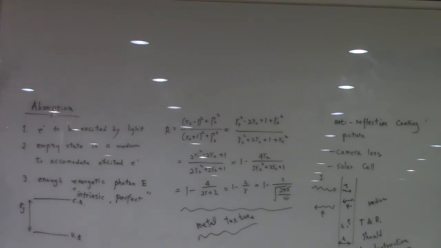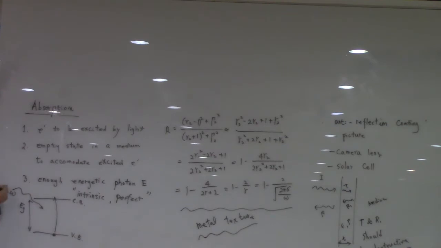The band we have discussed in chapter 6, right? And then if there is a light with energy h bar omega, this energy has to be big enough to make the electrons in the valence band excite to the conduction band, and the conduction band should be empty. Okay, so if these three are met, then this light is going to be absorbed in the material.